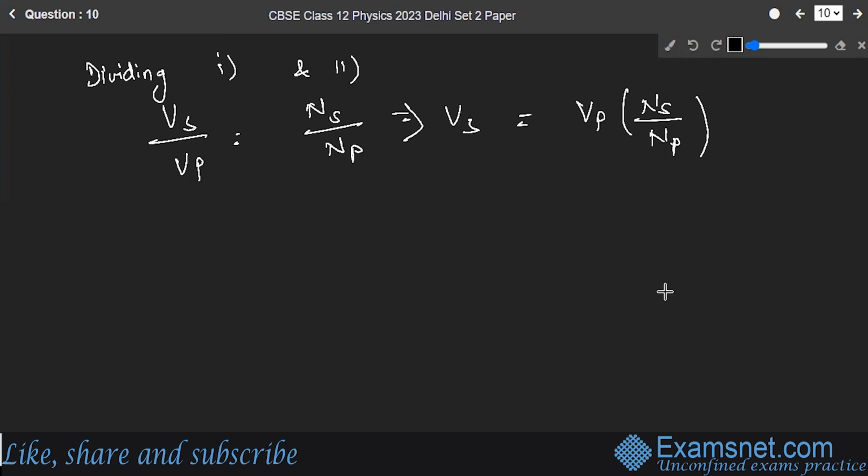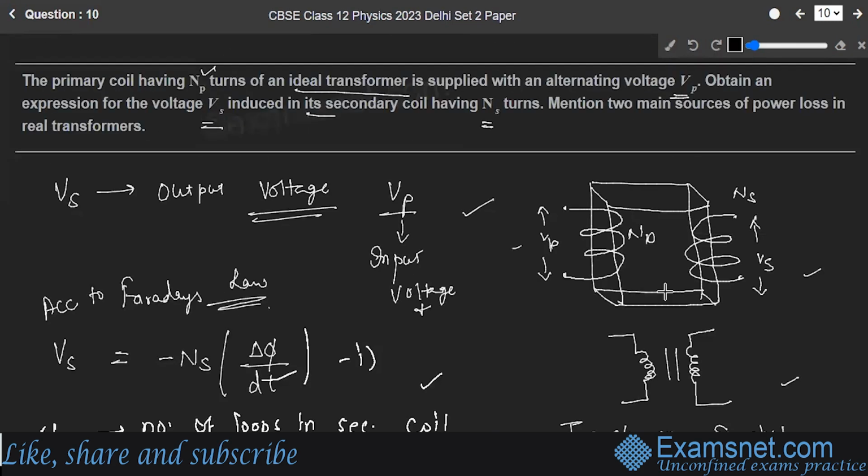Hope we are clear with this. Now, the last part of the question mentions we have obtained an expression for Vs. We have derived that expression. So we got Vs is equal to Vp into Ns upon Np.